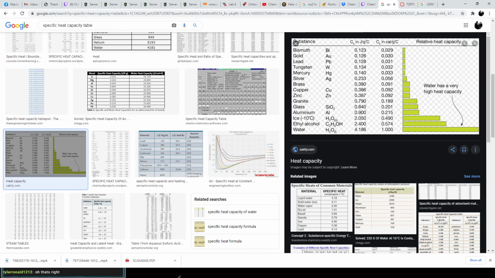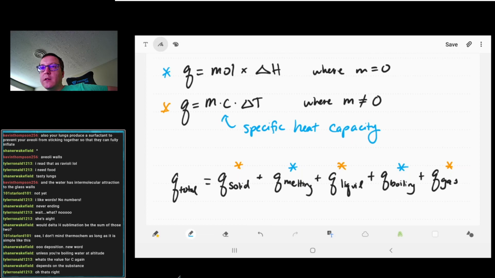So they're just constants. Though I guess they're not really constants. I shouldn't tell you that, because once you get to real chemistry, not that this isn't real chemistry, you're going to see that it depends on temperature as well. And so your specific heat capacity changes while you are heating it up. But that's not something we'll have to deal with. For us, they're constants. So there we go.